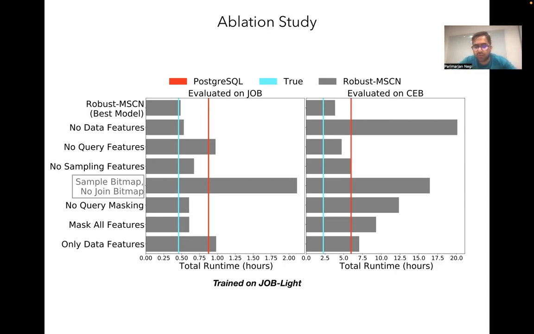As mentioned, on JobLite, it's particularly important to have consistent features, because JobLite has random filters on columns that are not really used in CEV and JOB, and sometimes different tables too. And so removing join bitmap and putting in sample bitmap is disastrous. And there are similar benefits in these query masking techniques too. Less on CEV, more benefits on CEV, where it's more complex kinds of filters.